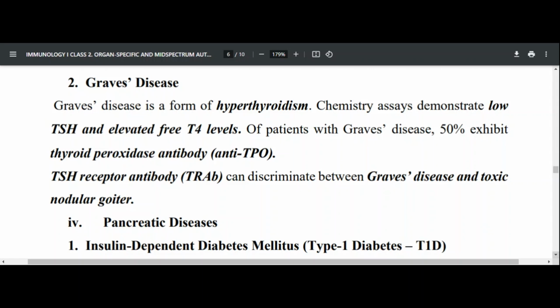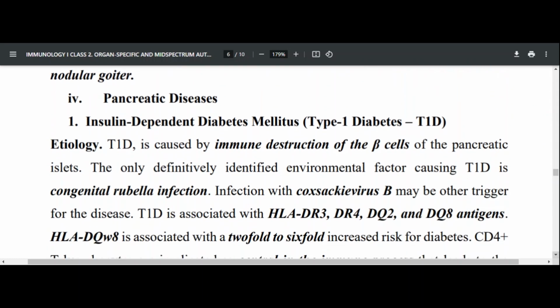Some other mid-spectrum autoimmune diseases also include pancreatic disease, that is insulin-dependent diabetes mellitus, type 1. The etiology of this is immune destruction of the beta cells of the pancreatic islets. The only definitively identified environmental factor causing type 1 diabetes mellitus is congenital rubella infection.